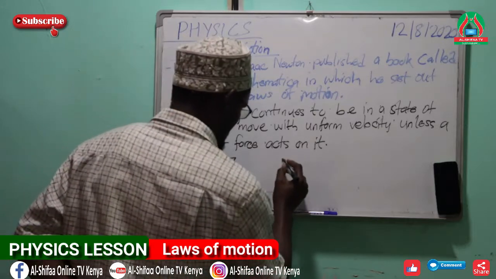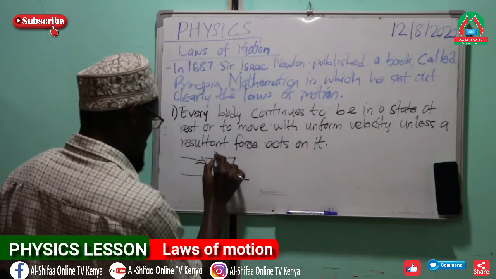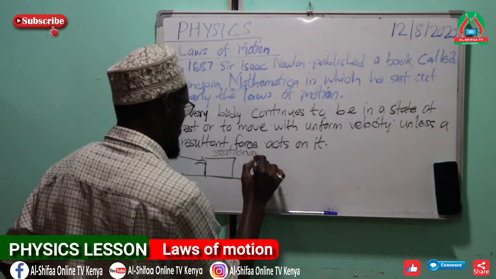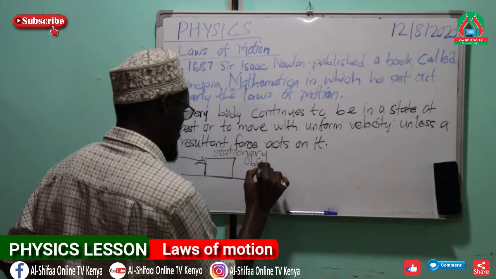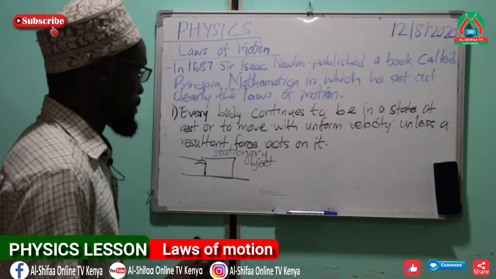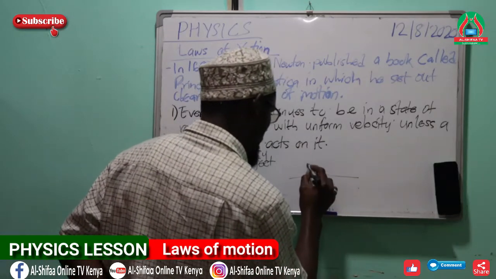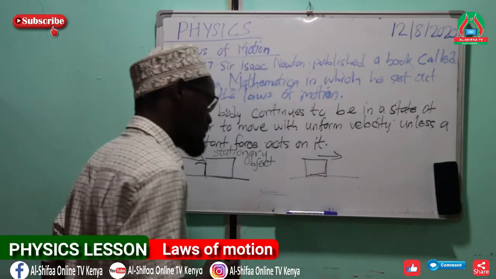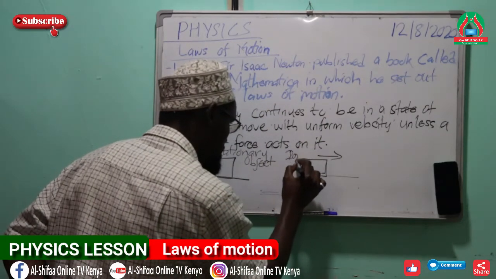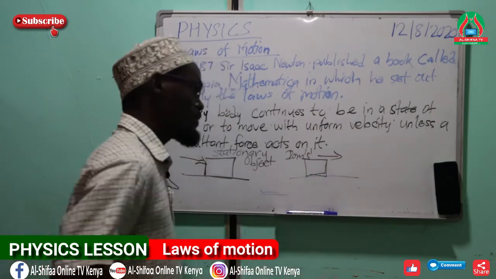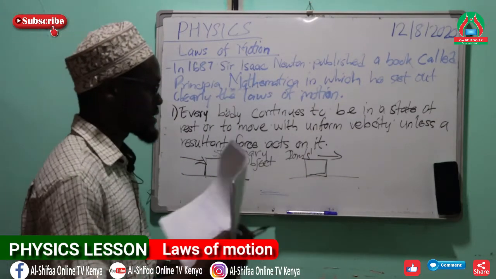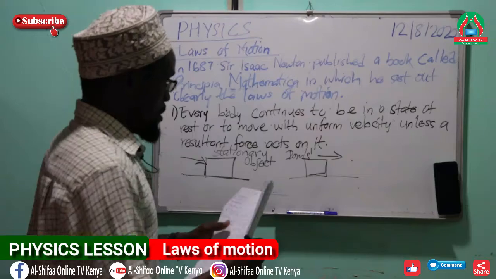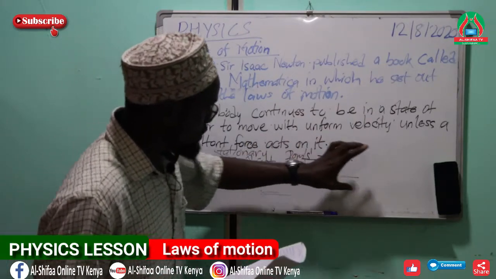And this is for a stationary object. Then the second condition is if a body is in motion, let's say 20 meters per second, provided there is no resultant force, the motion will still proceed.